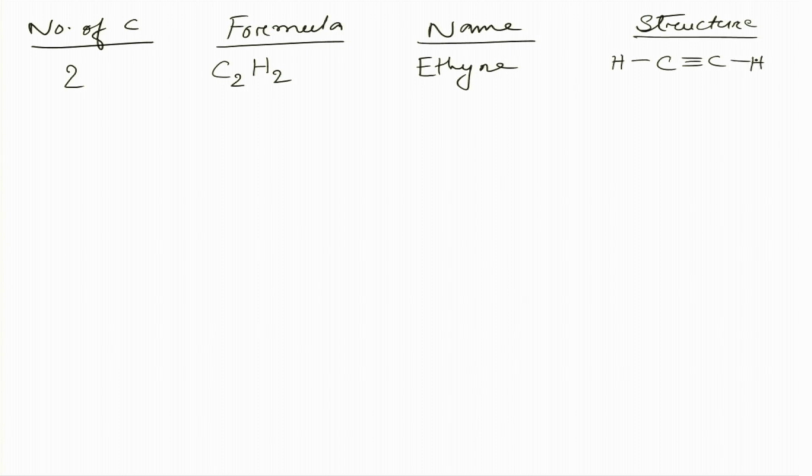When the number of carbons is 3, we have C3H4, since 3 into 2 is 6, minus 2 is 4. That is propyne.